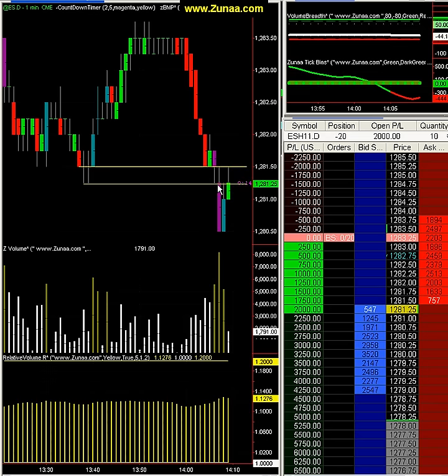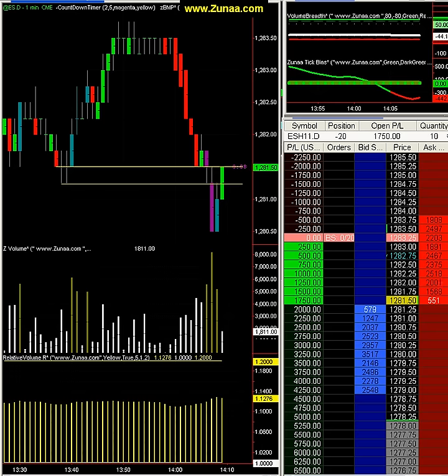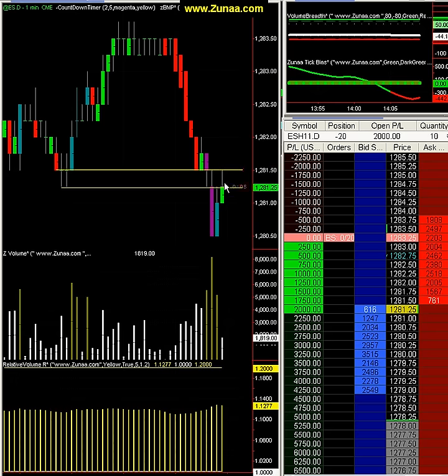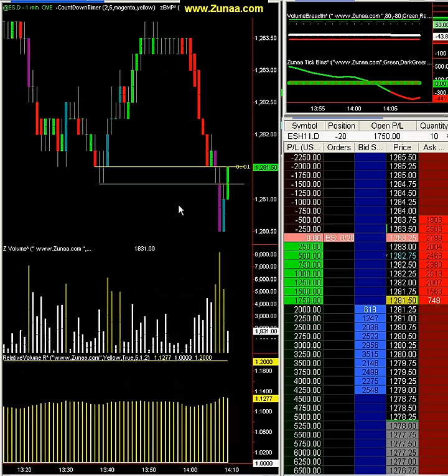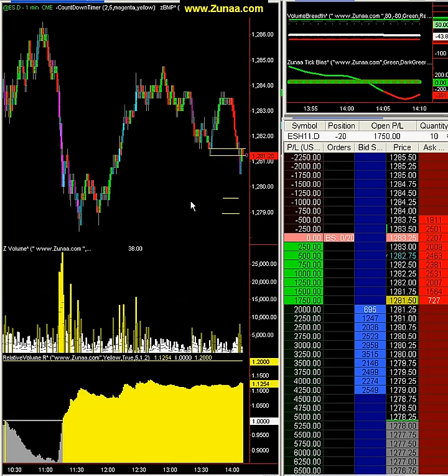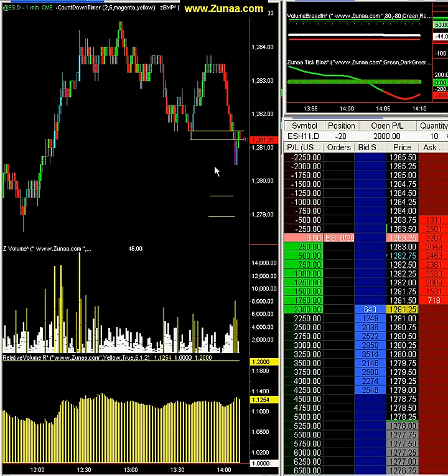So we broke this low, and now we're trying to come back up here. A close above this high is going to cause me to want to exit this trade completely. That will show that buyers have come in with full force. So it's very important that we remain below that low.